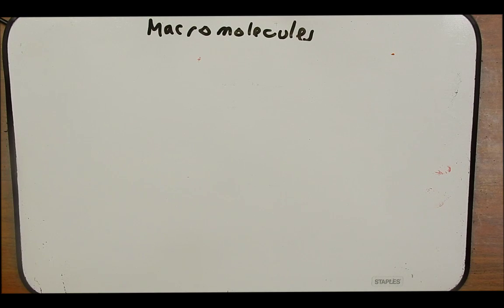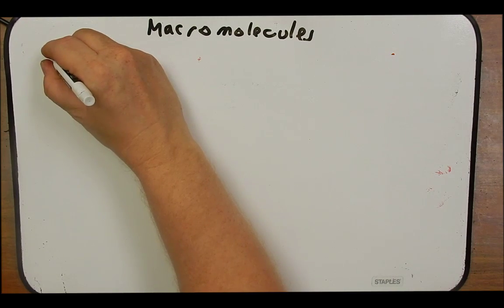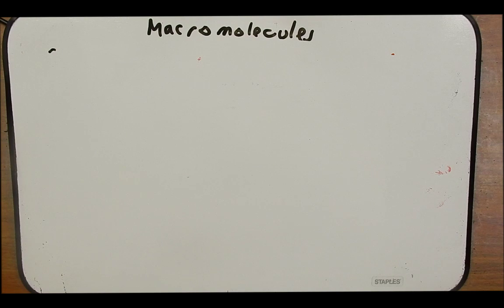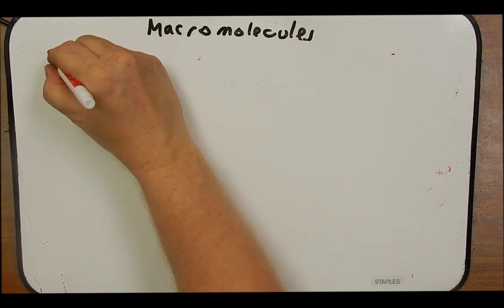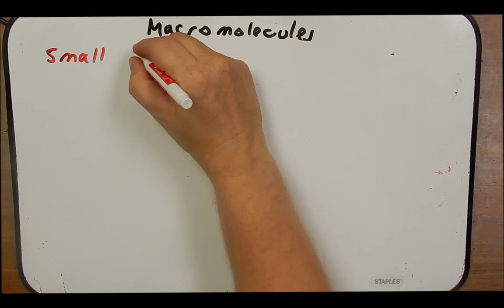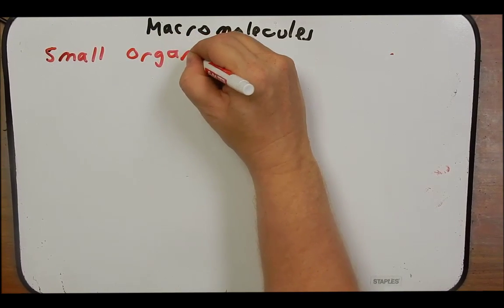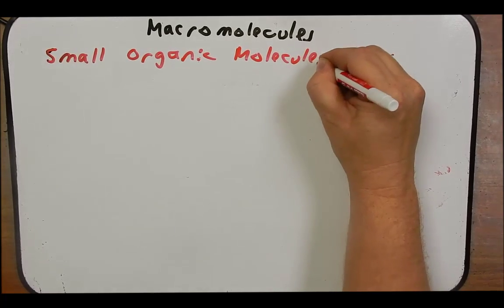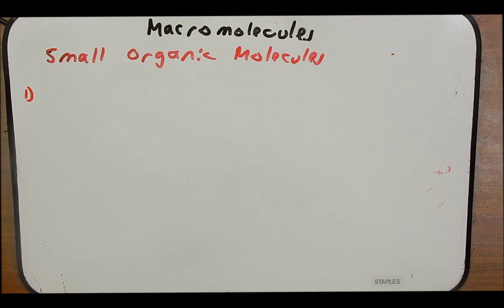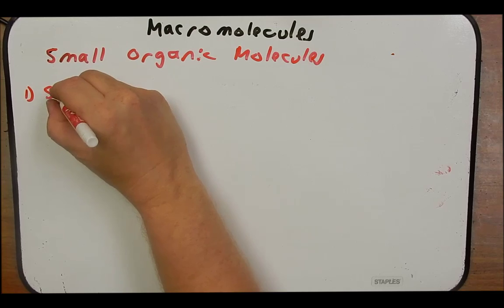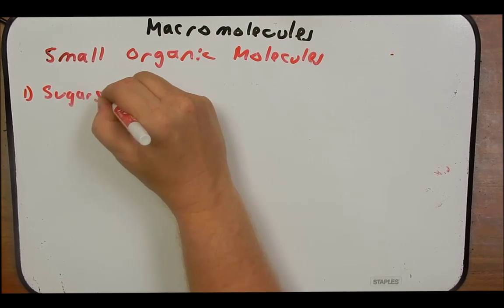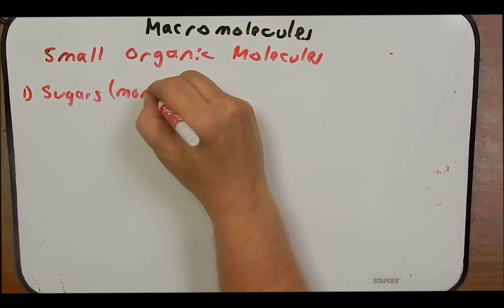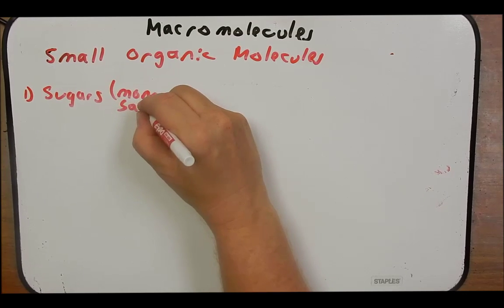Alright, now let's move on to macromolecules. We're going to start by talking about small organic molecules. The first are sugars. We could also call these monosaccharides.